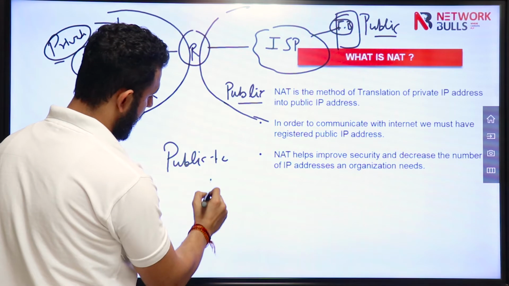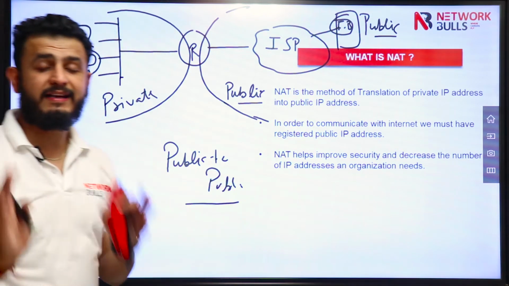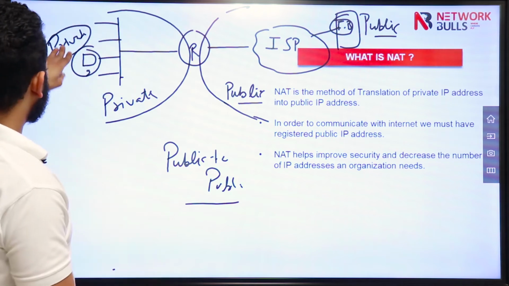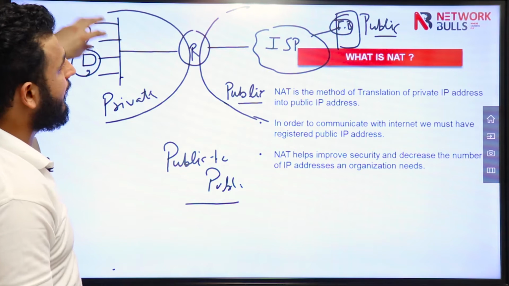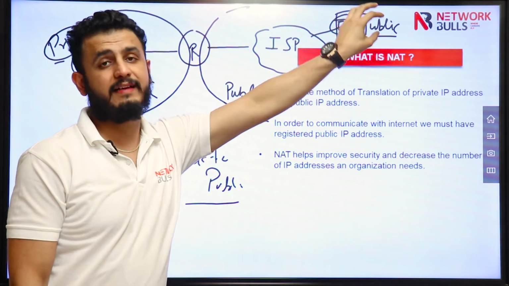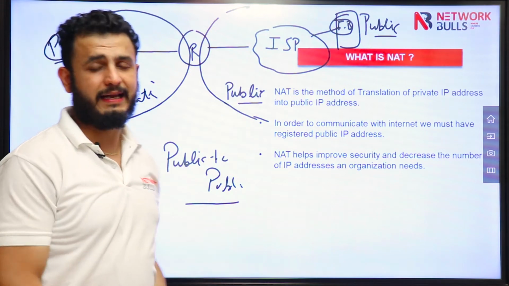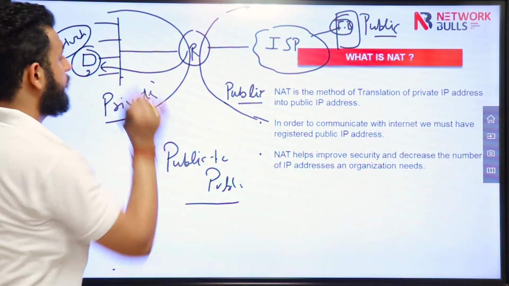It means we need some sort of device in between which will translate this user IP address into a public IP and send it to the server. When the server sends back, it will again untranslate the IP and send it back to the user.